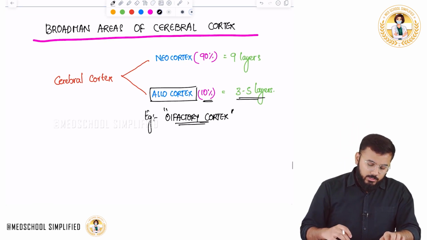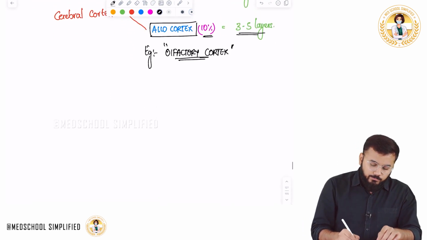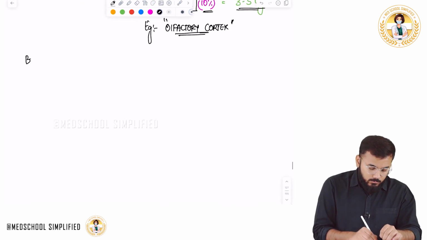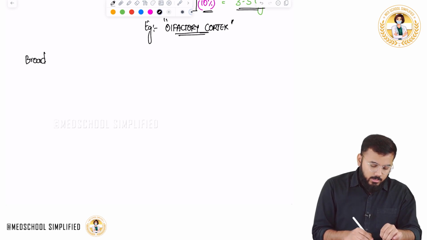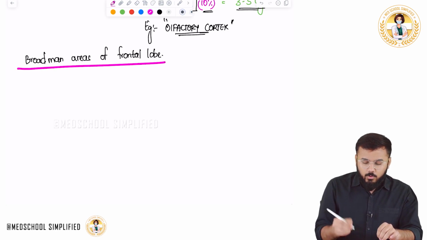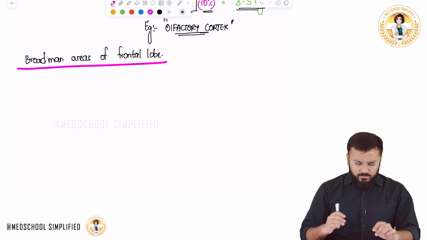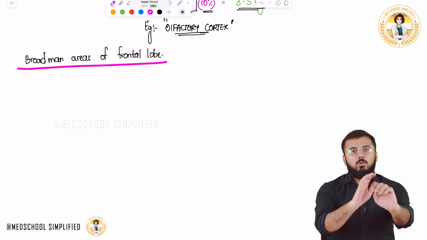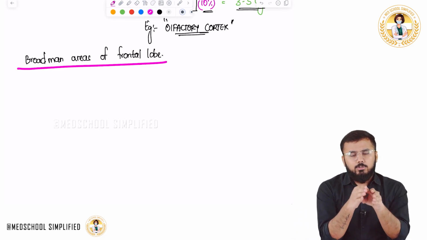Right. So first we shall discuss the Brodmann areas of your frontal lobe. What are the different kinds of Brodmann areas you have in your frontal lobe? We will divide the entire cerebral cortex into two parts. See, this is your cerebral cortex.